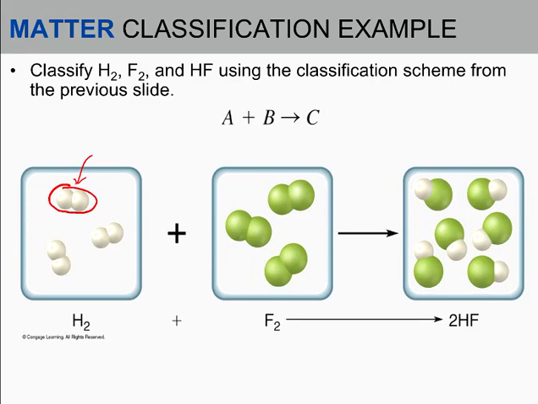And then we also have in the middle fluorine, which is another type of atom. And here we have two fluorine atoms within a molecule. And then on the right, we have our product after we've mixed together the hydrogen and fluorine molecules. And one molecule here contains one hydrogen and one fluorine atom.